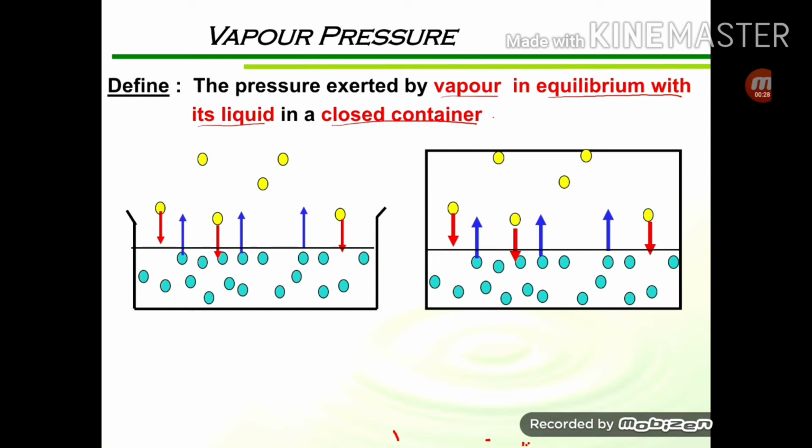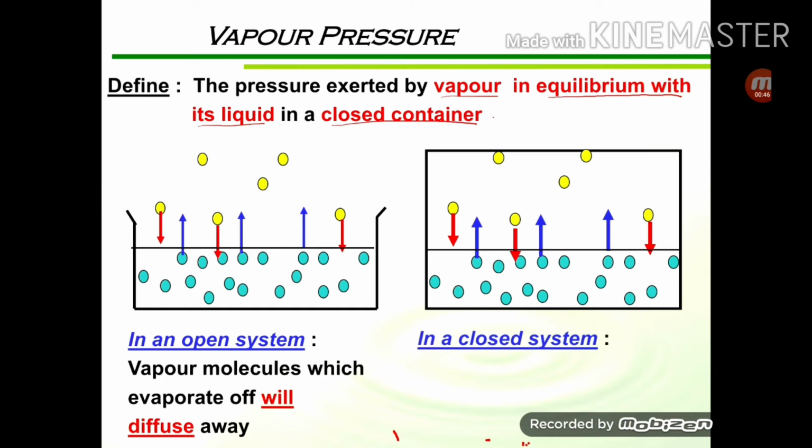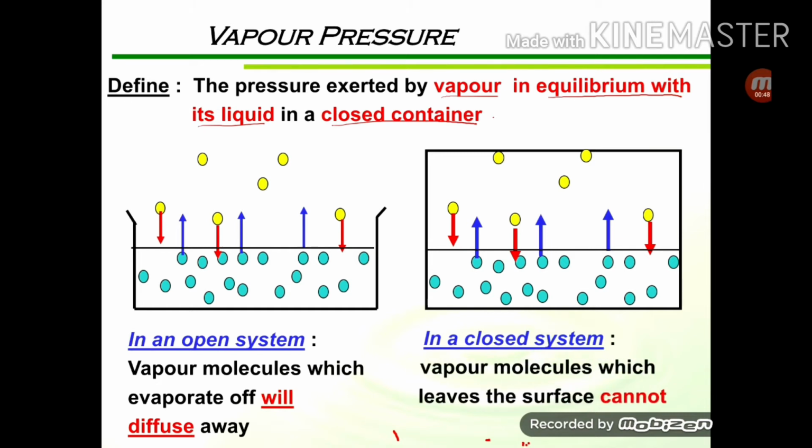This means that the pressure exerted by the vapor over the liquid remains constant. In an open system, vapor molecules which evaporate off will diffuse away, but in a closed system, vapor molecules which leave the surface cannot escape from the system.